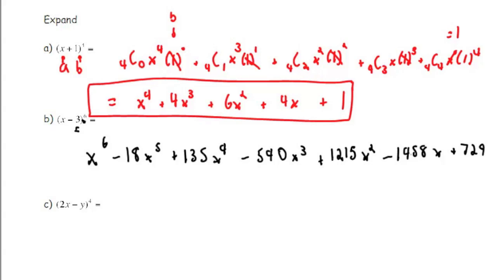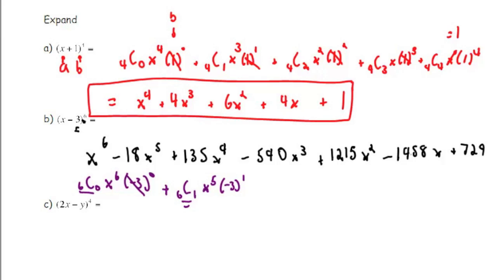Now, I'm sure some of you are panicking and going, wait a second, those coefficients have nothing to do with Pascal's triangle. Well, that's absolutely correct. But keep in mind now that we have this minus 3. So when we actually start to fill out the equation like we did before, we're going to have 6 choose 0, x to the 6, negative 3 to the 0. So that's still going to be a 1, and this is going to be a 1. But look at our next one, plus 6 choose 1, x to the 5, because it's going down in powers.